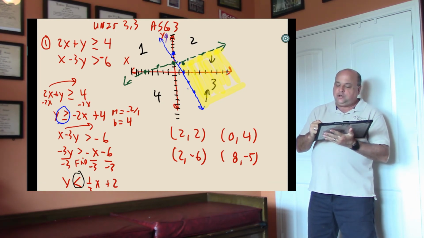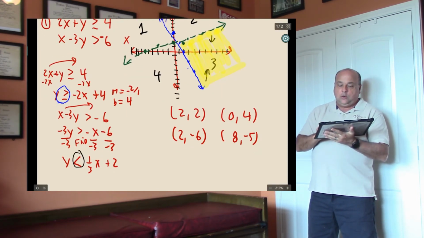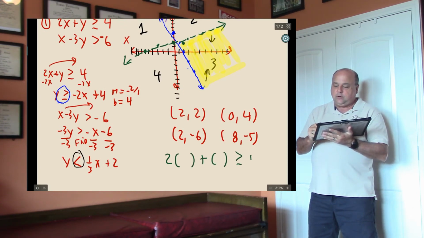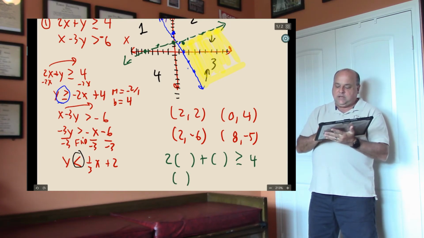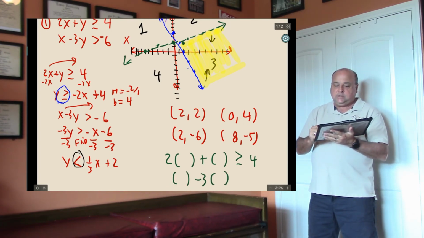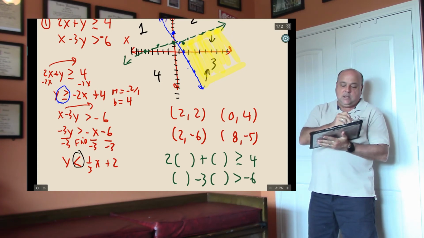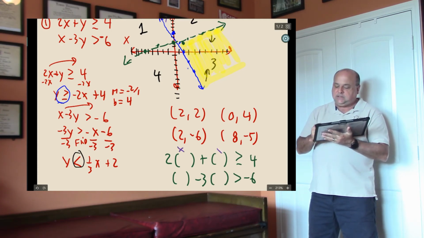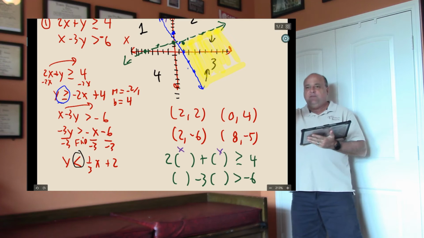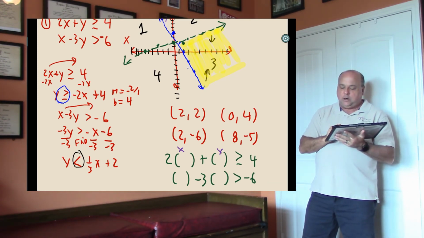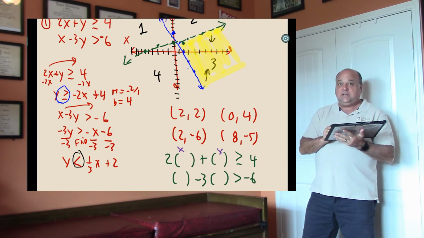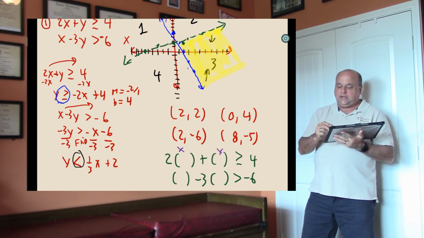Now what you could do also is write down this: 2 plus 2 greater than or equal to 4, 2 minus 3 times 2 greater than negative 6. So this right here is my x, this is my y. If I put these in the ordered pairs, it should be true or false. So if I put 2 and 2 in here, 4 plus 2 is 6. 6 is greater than 4, that's true.